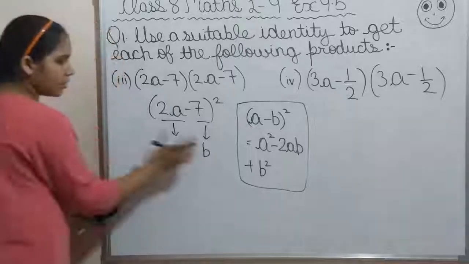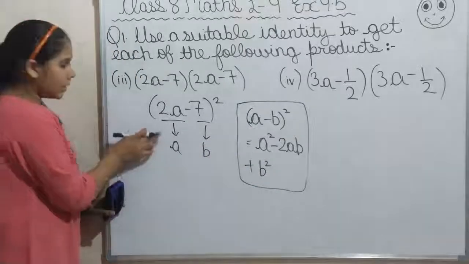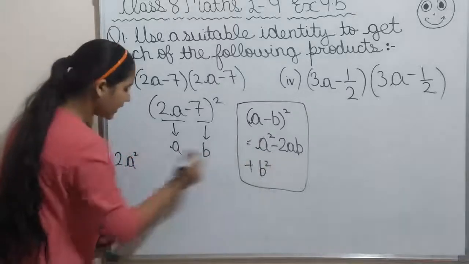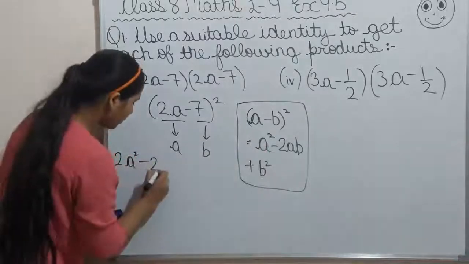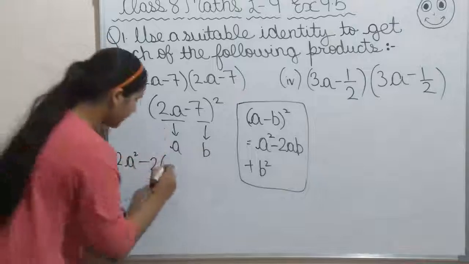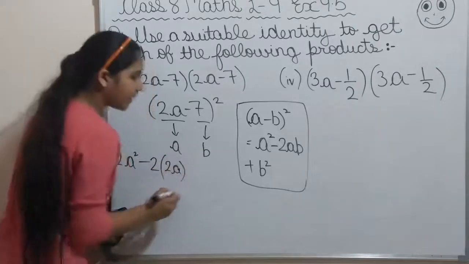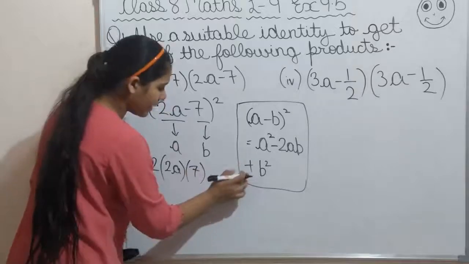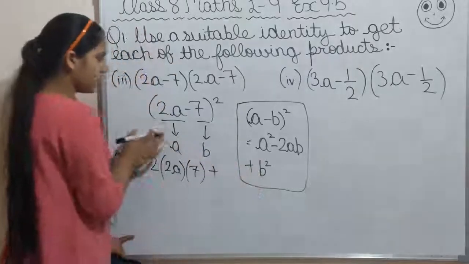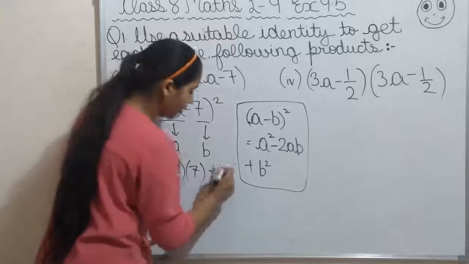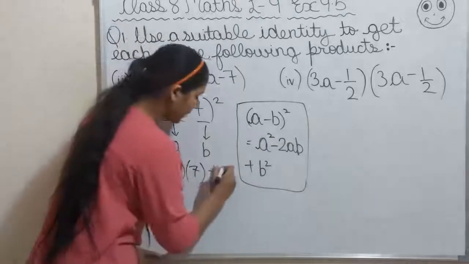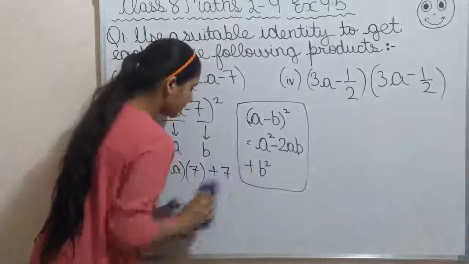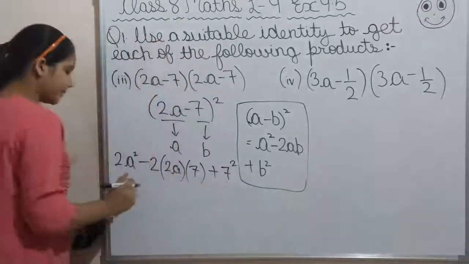So first a square, a is this, so (2a) square, with minus sign, then 2 into a is 2a, then bracket close and multiply b, which is 7, then plus sign, b is this 7, with square as it is, so write 7 square.